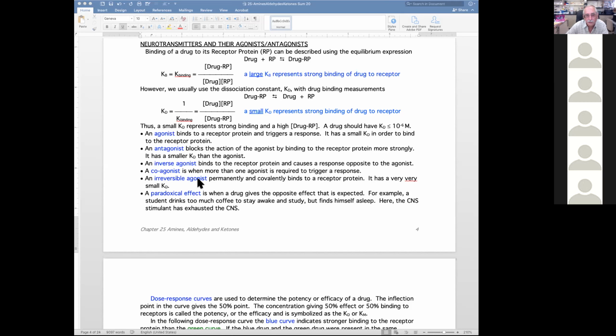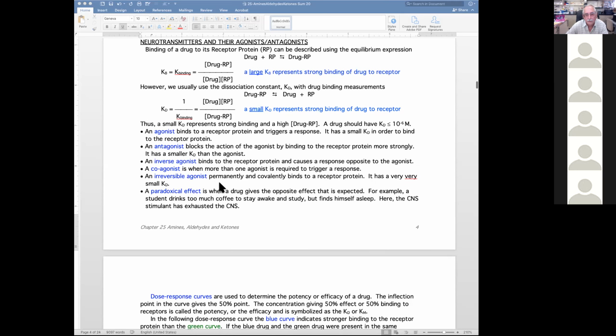It has an extremely small KD. In other words, it basically takes the receptor protein out of action permanently. And a paradoxical effect is when a drug gives the opposite effect than what is expected.